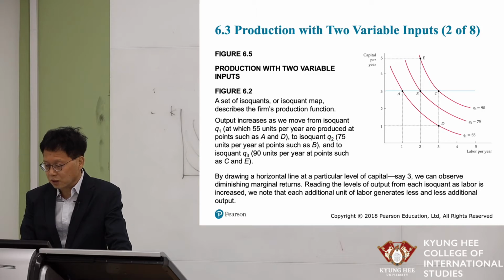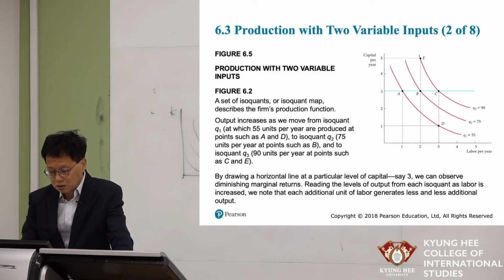Then we can move from A to B to C to produce more pizza, only increasing labor, holding capital employment constant at 3. Okay? We can observe diminishing marginal returns.